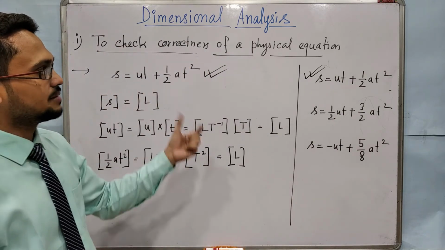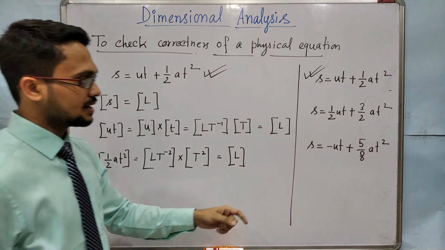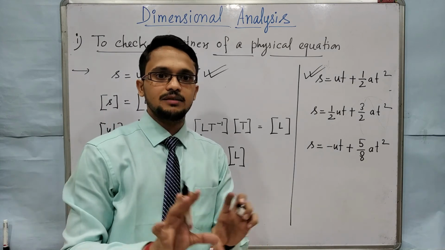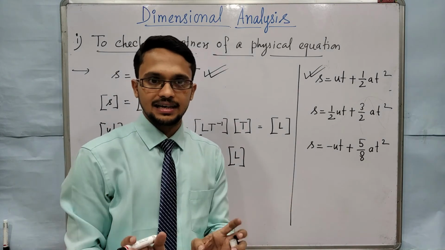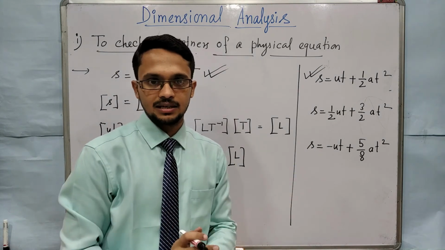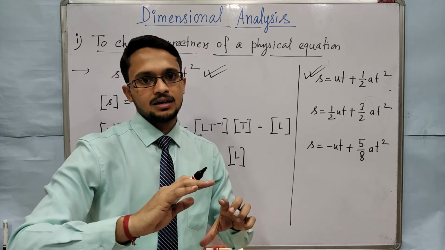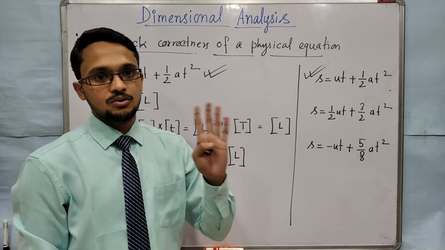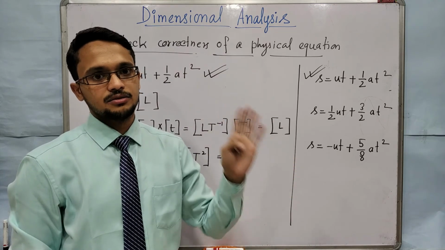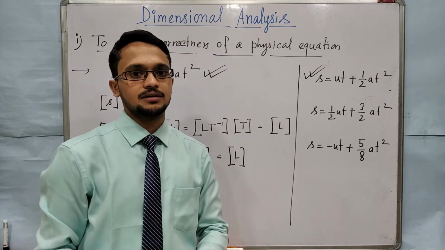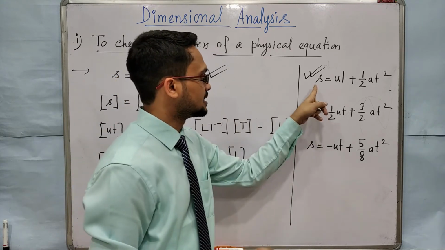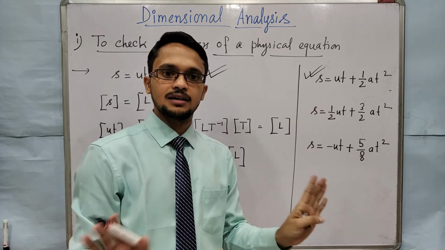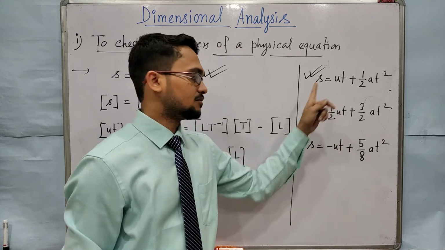So this is one limitation of dimensional analysis. If it is a given equation, we can check whether it is correct or not dimensionally. But if there are many similar kinds of equations, then we cannot tell which equation is the physically correct equation. Here these three equations all are dimensionally correct, but they are not physically correct.